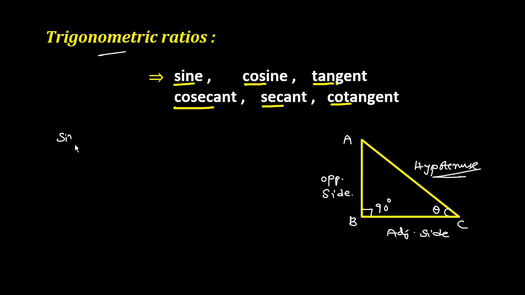First of all, sine. Just sine is worthless. It should have an angle associated with it. So we take angle theta here. Sine theta. Sine theta is the ratio of opposite side and hypotenuse. So we write opposite side of theta divided by hypotenuse.